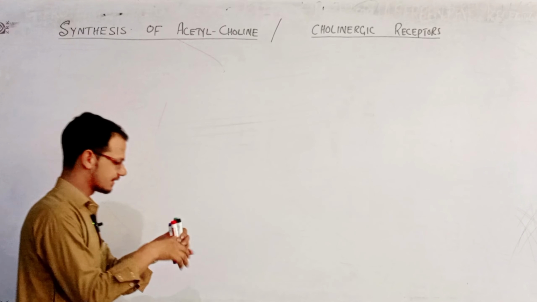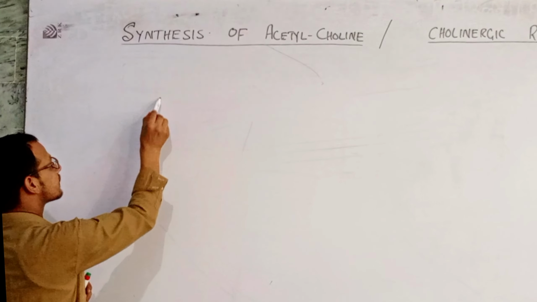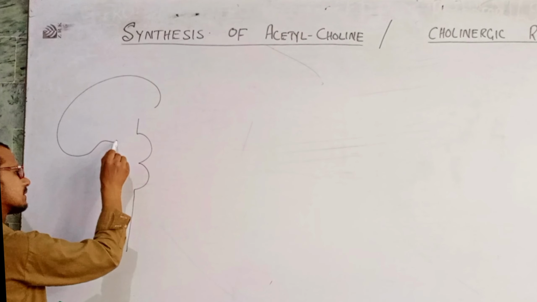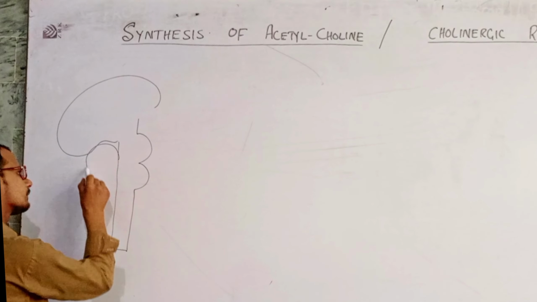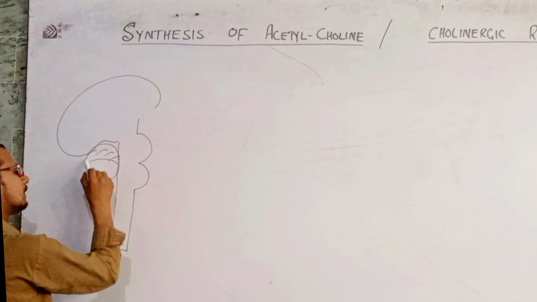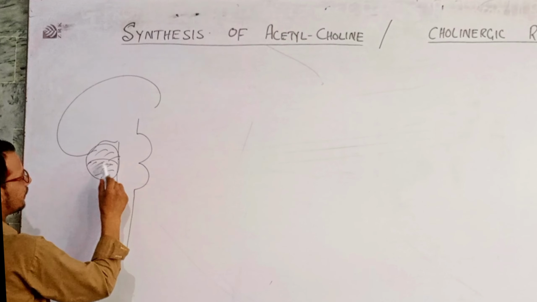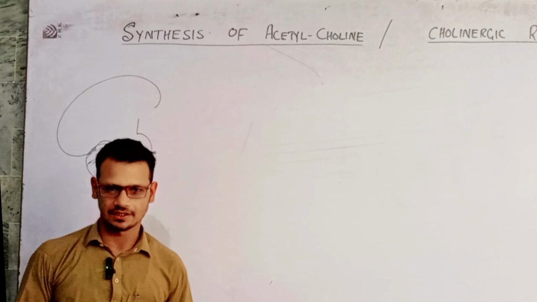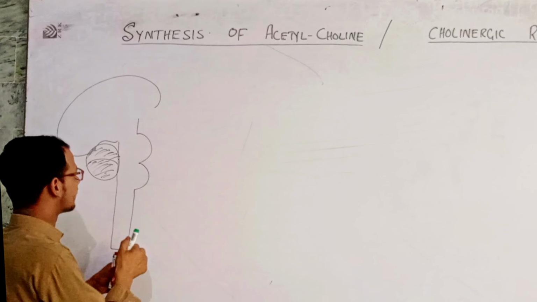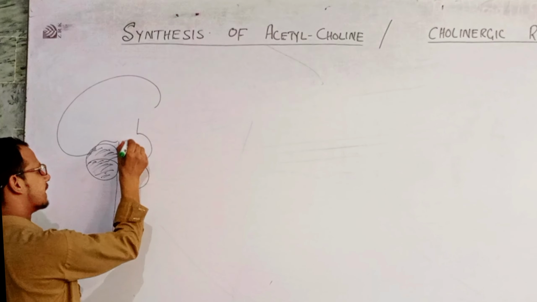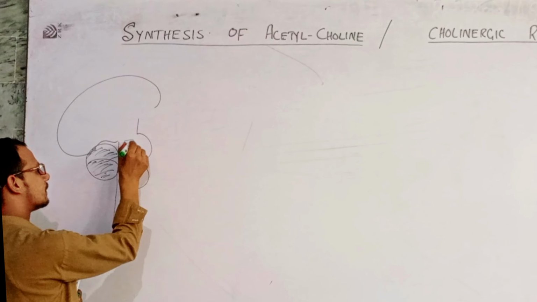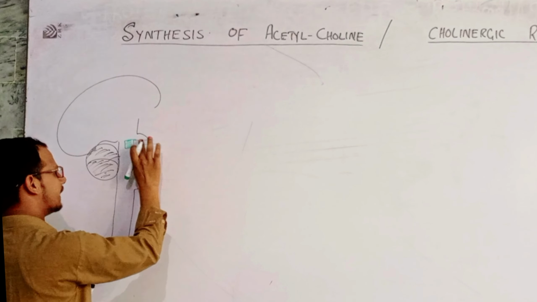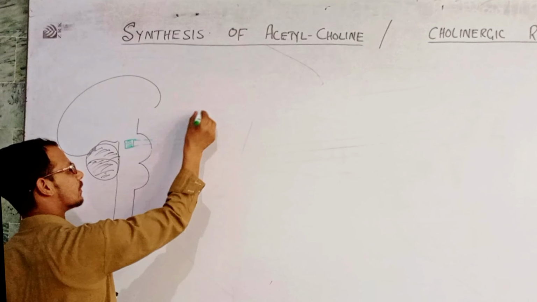So first of all, for example, this is the central nervous system. I think we have discussed this a little bit in the neuromuscular junction, right? So for example, from here, this is the nucleus, and from here a neuron is arising. For example, I am taking this neuron here.